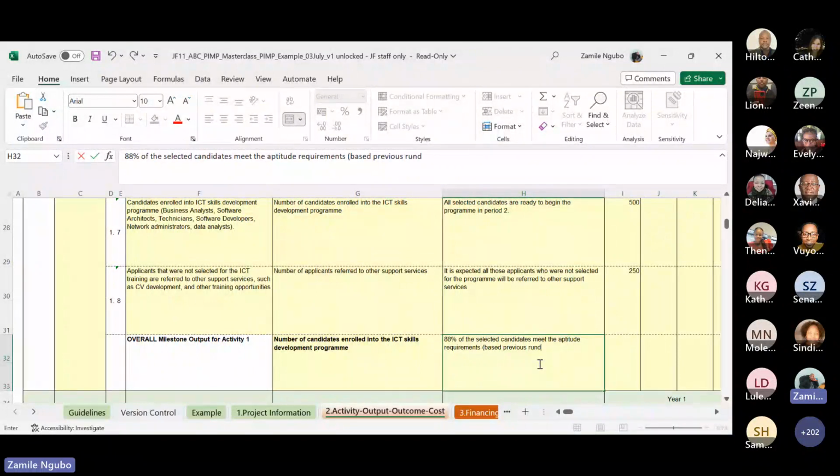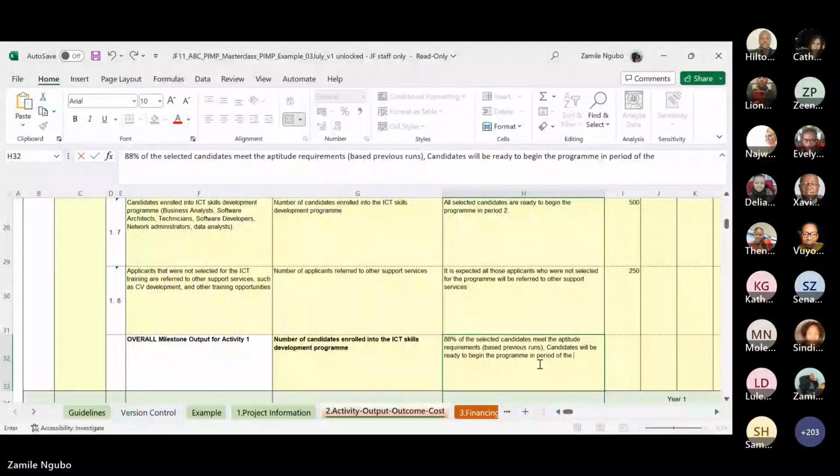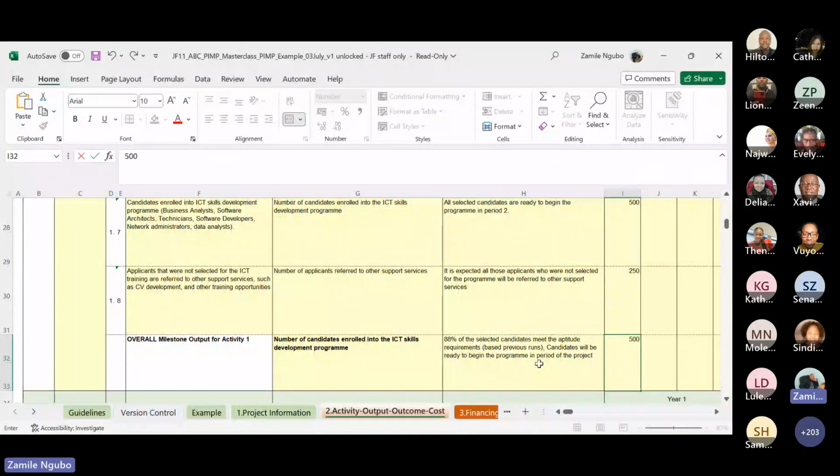And another assumption is candidates will be ready to begin the program in period 2 of the project. So the final number here is 500.